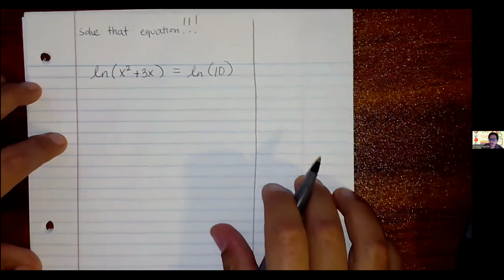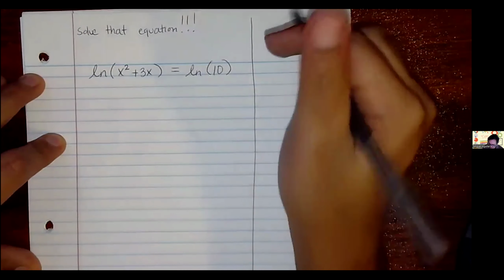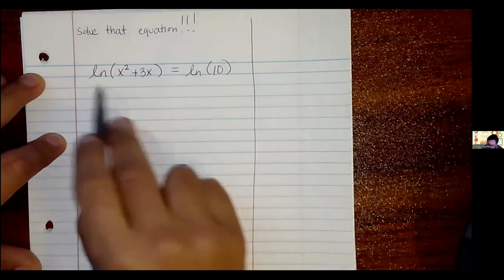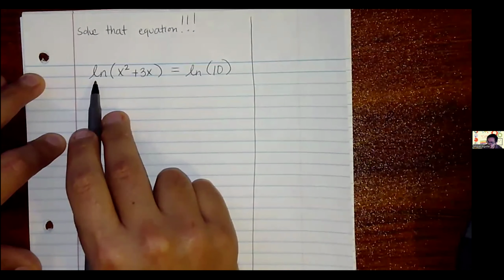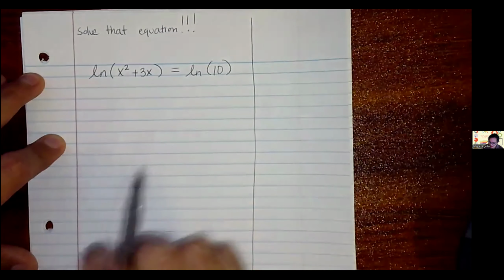So this is a log equation, right? And it doesn't matter if I have these natural logs, these ln's, or if I have a log base, whatever, I have logs on both sides.